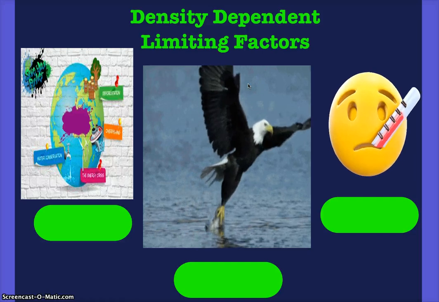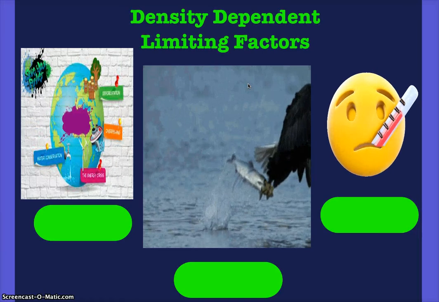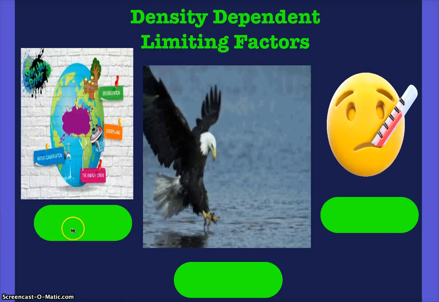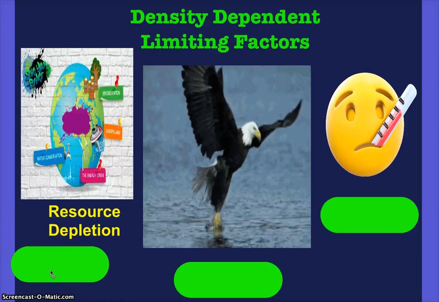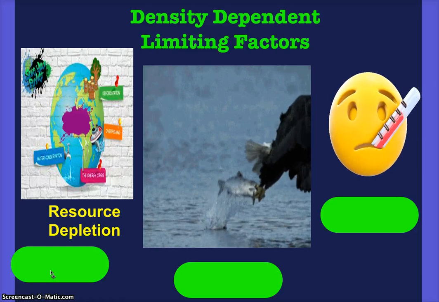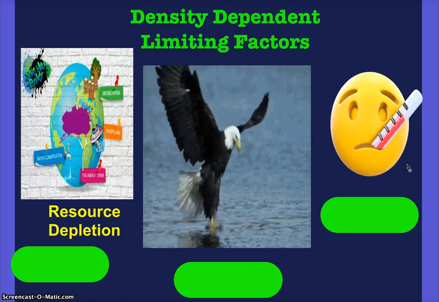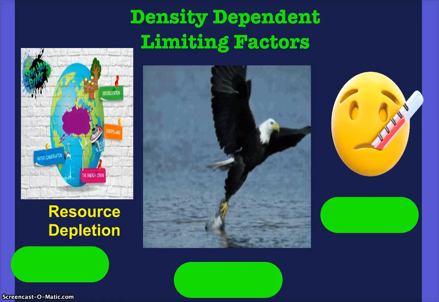We kind of just talked about all of them when we were describing scenarios for logistic, irregular. Food, resources is definitely an issue. What else? The picture should kind of help you. Disease, thank you.